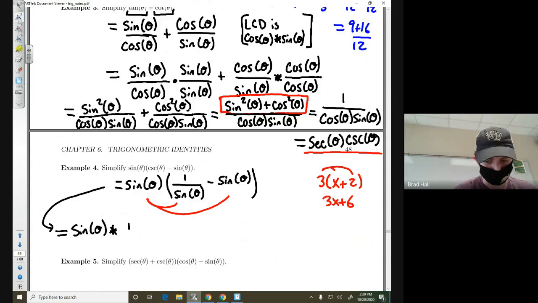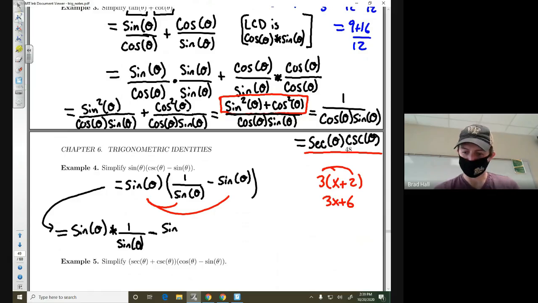You might already see what I'm going to be doing next, but I'll put an intermediate step in. That's minus sine of theta times sine of theta. So this is what happens after the distribution. I haven't simplified a single thing yet. I just wanted to show what the distribution will yield.